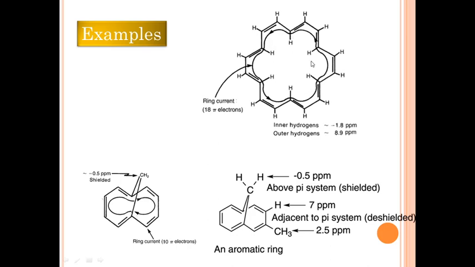That's why these inner protons are shielded protons. And we know that shielded protons show lower chemical shift. Inner protons show in this case minus 1.8 ppm, and outer protons are de-shielded ones, and show chemical shift value 8.9 ppm. So protons lying in between the ring are shielded ones and others are de-shielded.